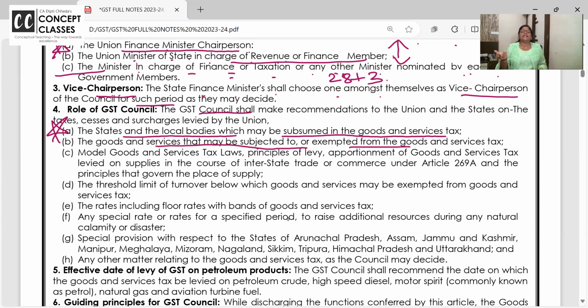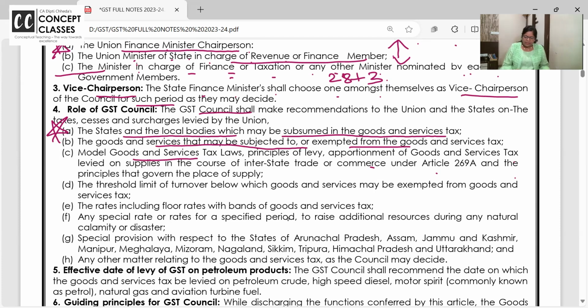So who will decide that this should be zero rated, this should be exempt? The Council. Model Goods and Services Tax Laws, principles of levy, apportionment of goods and services in the course of interstate trade and all. See, Article 269, we said it will collect the taxes and all. So how the procedure is going to be for collection of IGST and all will be decided.